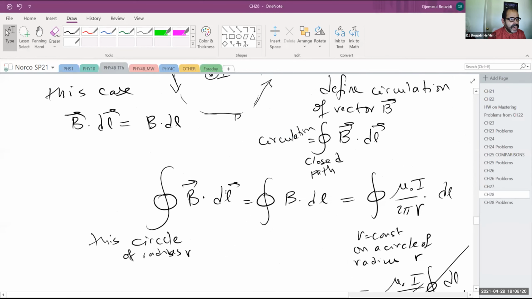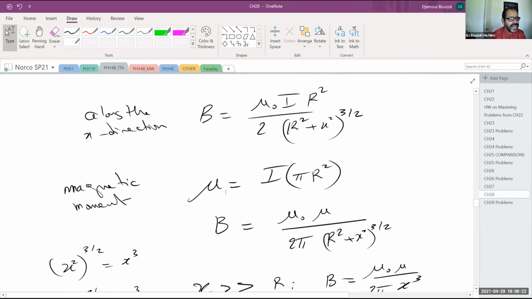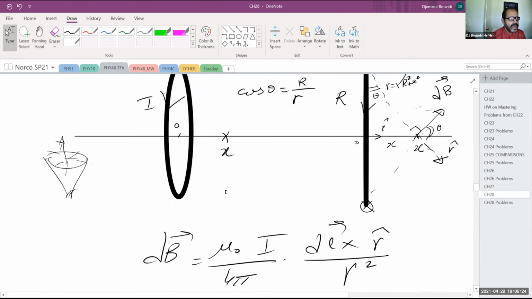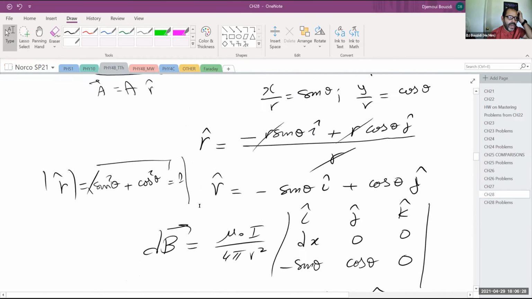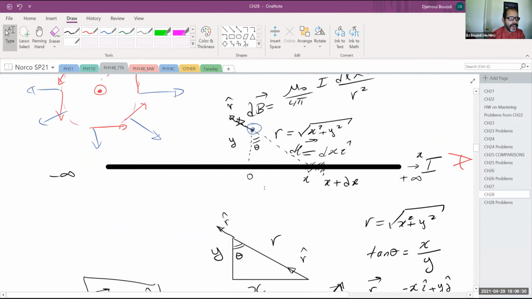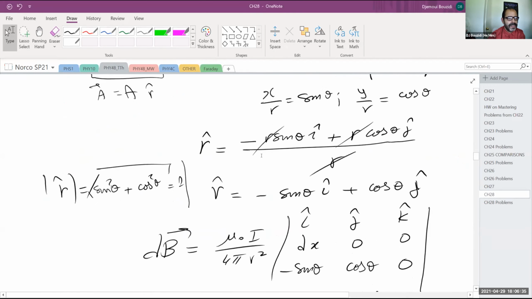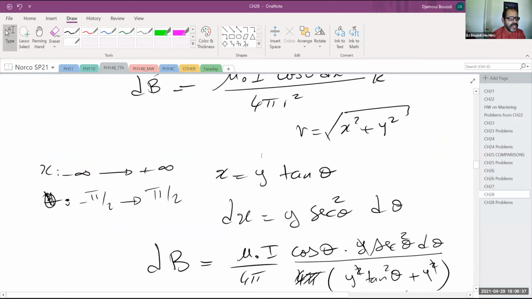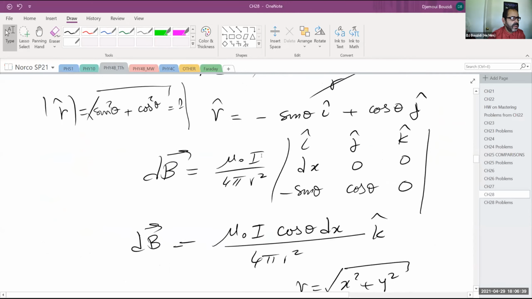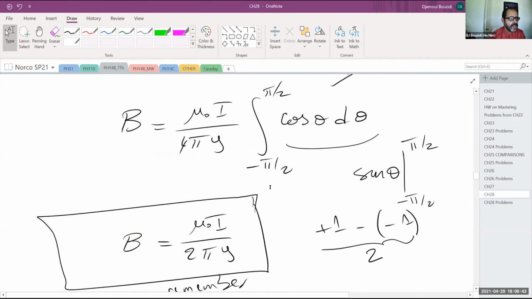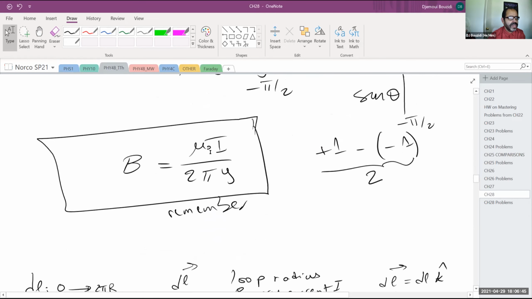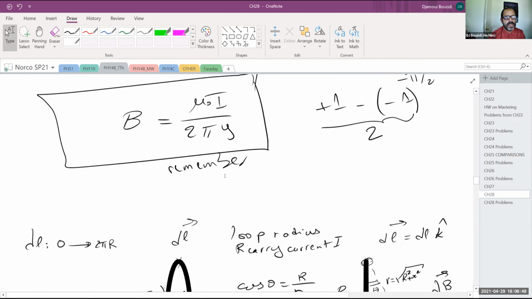A wire can create a magnetic field around it. We did the loop, but we also did the wire too. So a wire at a distance y from it will create a magnetic field, and that magnetic field is given by, after we did the secant and integrated and everything else, mu naught I divided by 2 pi times the distance.